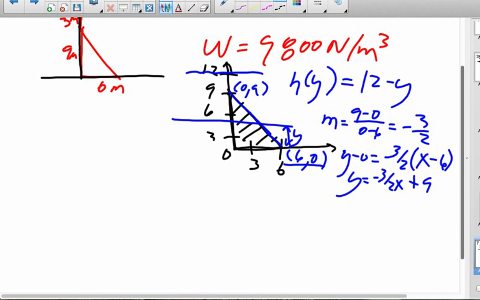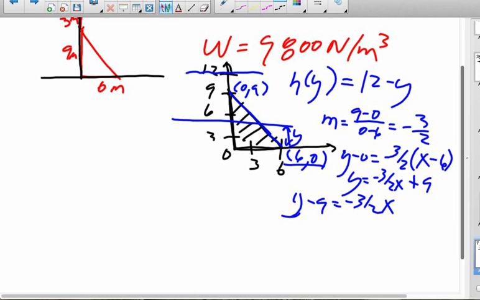I need to solve this for x. So I'm going to have y minus 9 equal to negative 3 halves x.